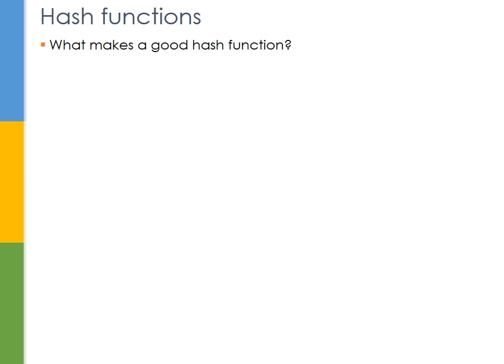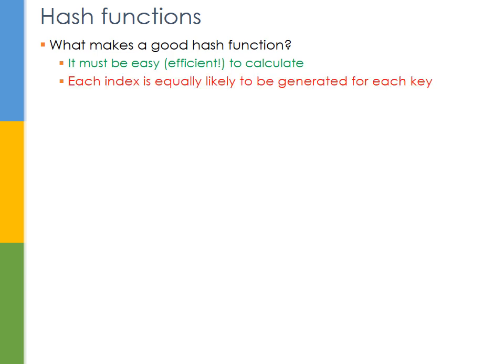So now that you know what a hash function is, let's talk about the properties of a good hash function. As we have already discussed, a hash function must be very easy to compute. It must be very efficient, otherwise you are obviously losing your time. And the second property, which is very, very important, is that a hash function should never favor any index over any other index.